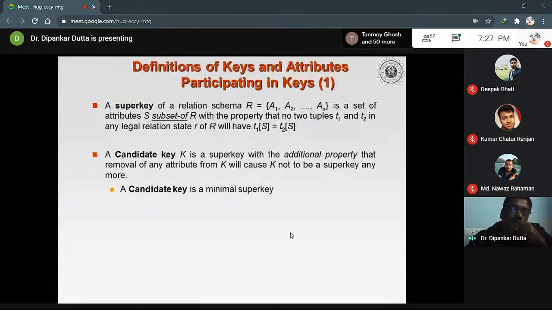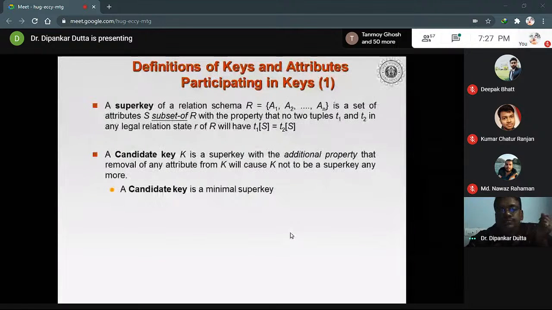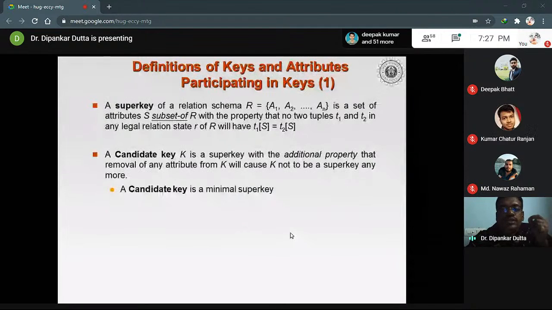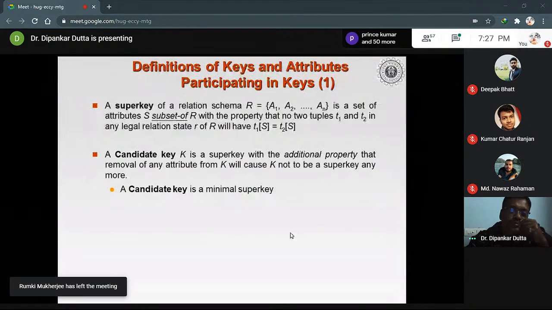So that is super key. It's a subset of attributes of R. For every tuple, that subset of attributes has unique values. Any two tuples t1 and t2 cannot have the same value of S. So t1[S] not equal to t2[S].